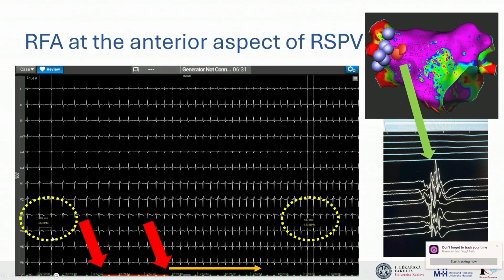Before ablation the heart rate is 66 beats per minute. Here is the beginning of application, 5 seconds, and there is an immediate reaction and really prominent change in heart rate. And this is a typical fractionated signal that we see in this spot.